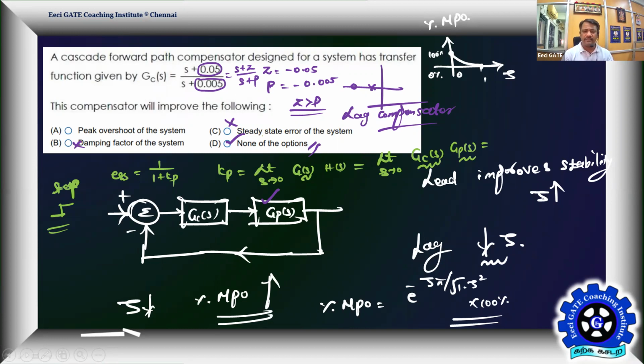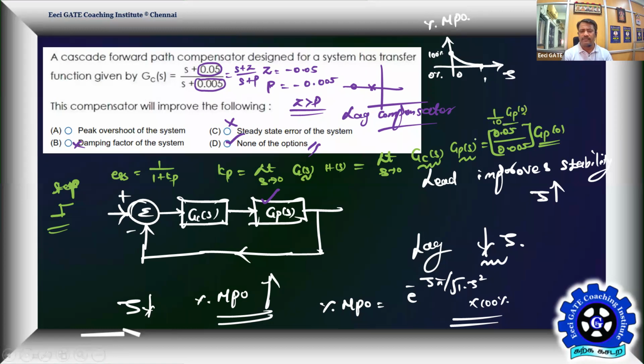If the compensator is there, I let S equal to 0, that means it's 0.05 by 0.005 into GP of 0. It is going to have some value, but this value is decreased by 0.05 by 0.005, so it's 1 by 10th of your GP of 0.